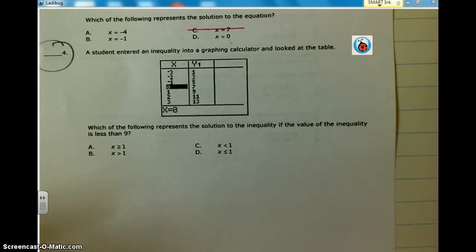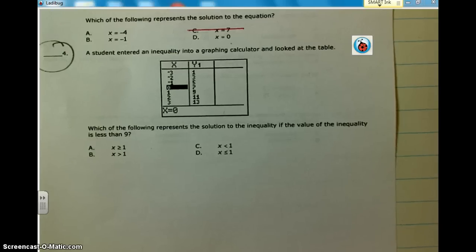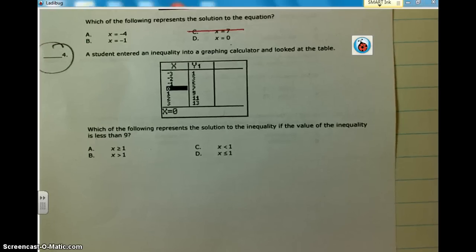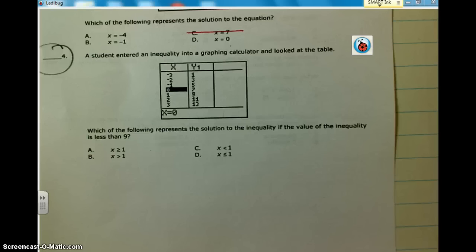As we look at number 4, a student entered an inequality into a graphing calculator and looked at the table. And remember that an inequality does contain more than one answer. It contains a solution set. Which of the following represents the solution to the inequality if the value of the inequality is less than 9?